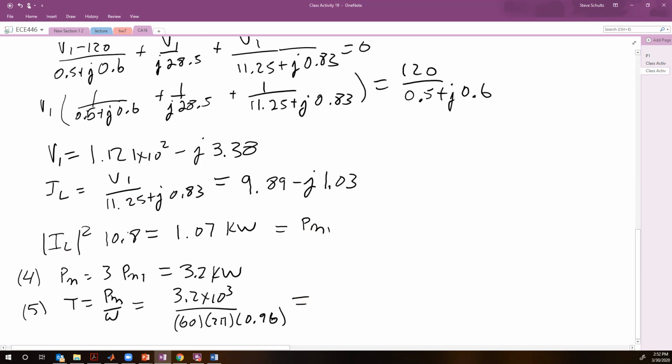And this is equal to 8.85 Newton meters, which is equal to my torque.